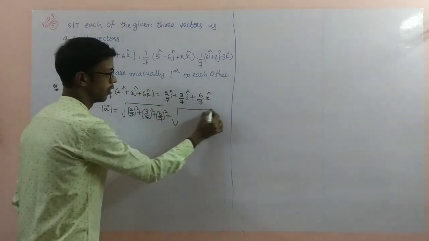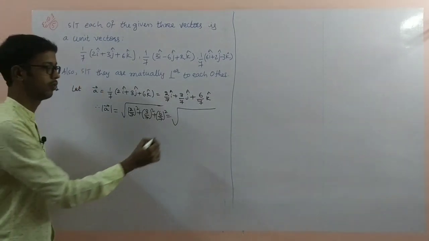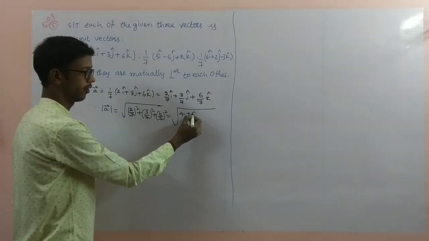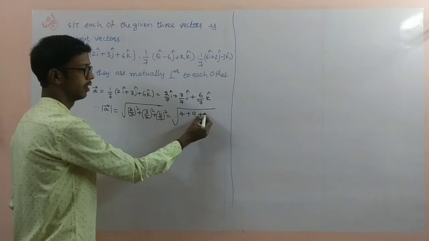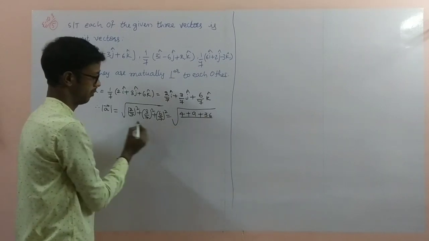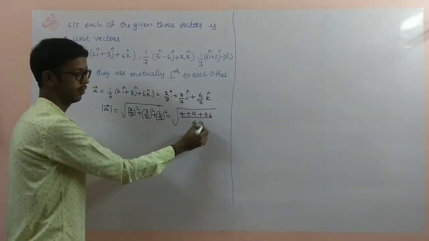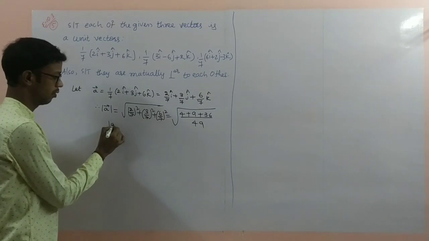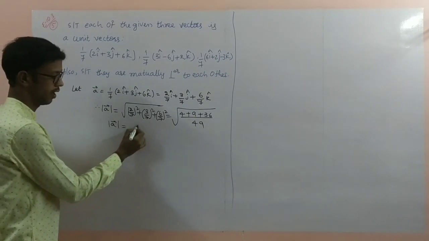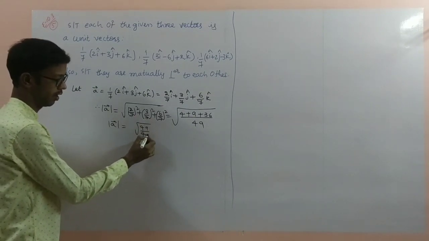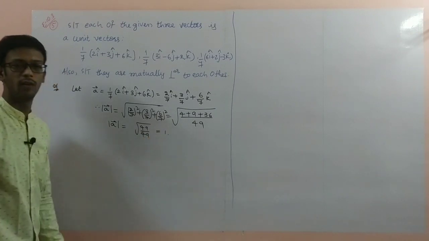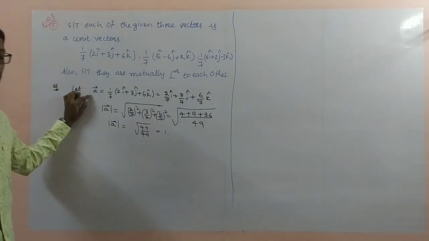Square root of 2 square is 4 plus 3 square is 9 plus 36, divided by 7 square, that is 49. Magnitude of A bar is the square root of 49 by 49, that equals 1. So the A bar vector is completed.